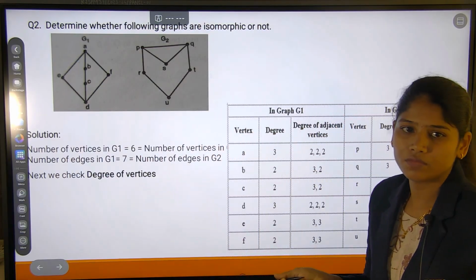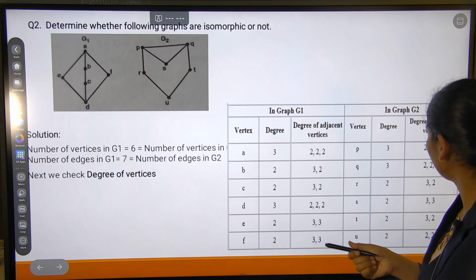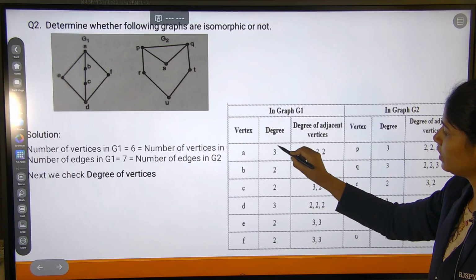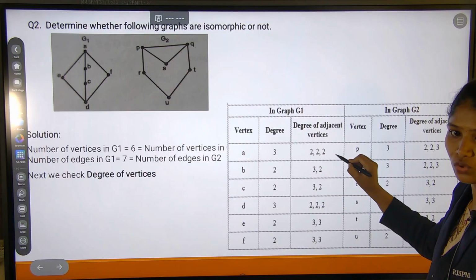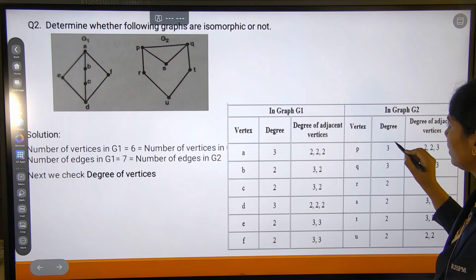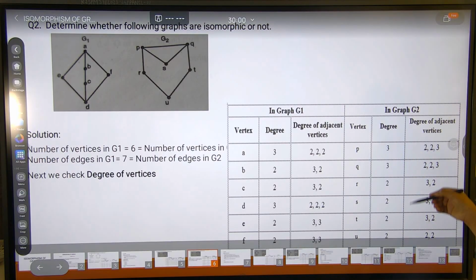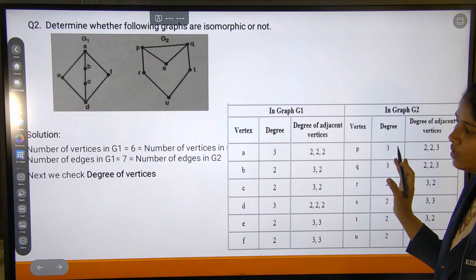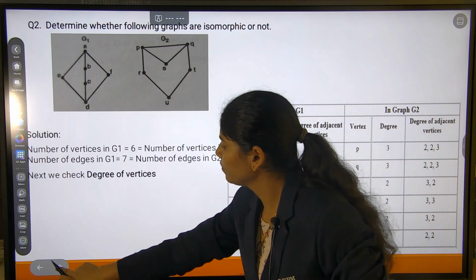So, here full answer of that question, same, we can see that here vertex having degree 3 adjacency 2, 2, 2. Here vertex having degree 3 does not exist having adjacency 2, 2, 2. Therefore, both graphs are not isomorphic.